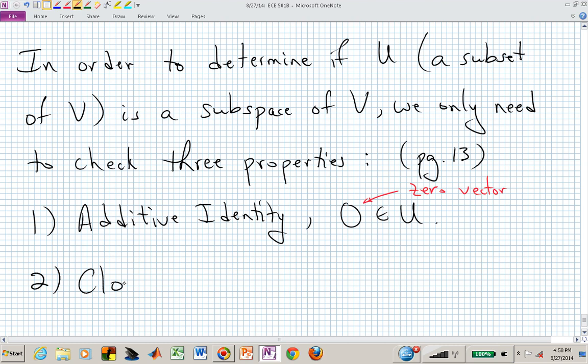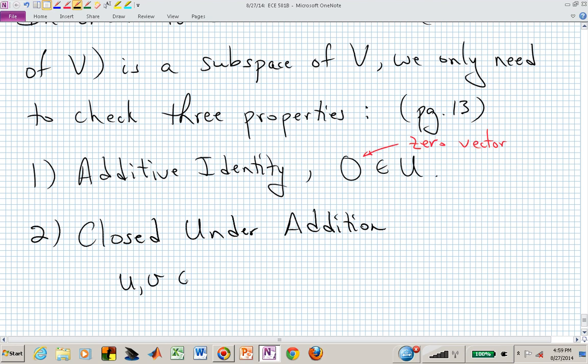The other property, the second of the three, is that we need U, script capital U, not YOU, to be closed under addition. Maybe you would feel better if you were, but the subset script U, capital U, is closed under addition.